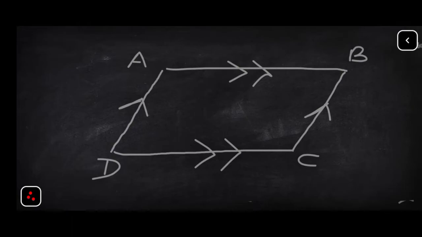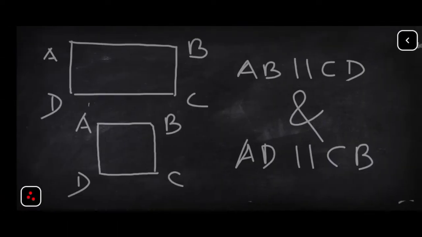So all opposite sides must be parallel to each other to satisfy the condition of a parallelogram. So we can say squares and rectangles are also parallelograms because AB is parallel to CD and AD is parallel to CB.